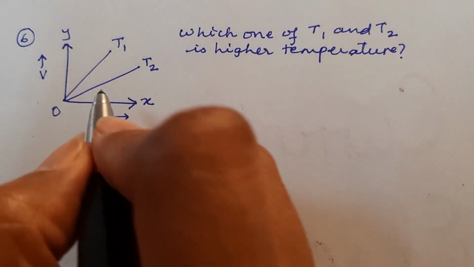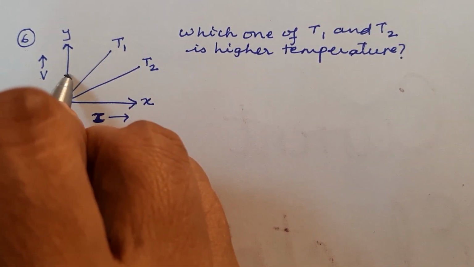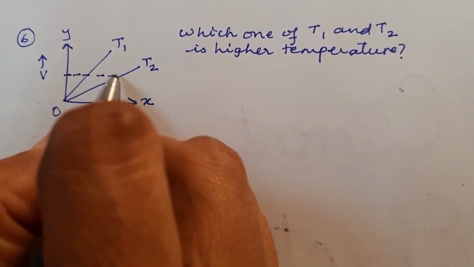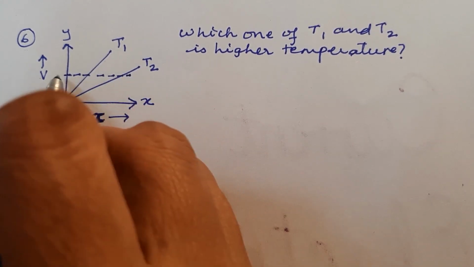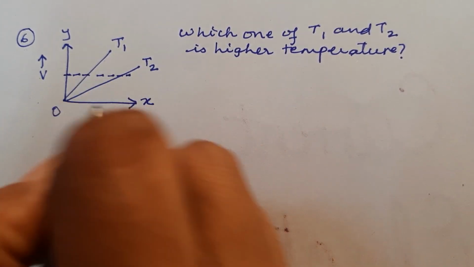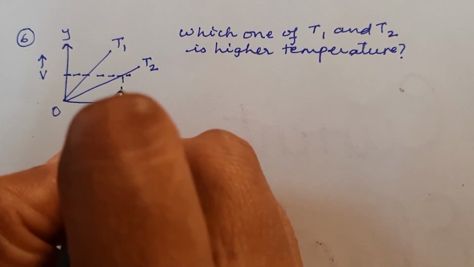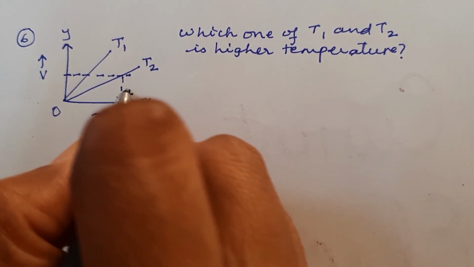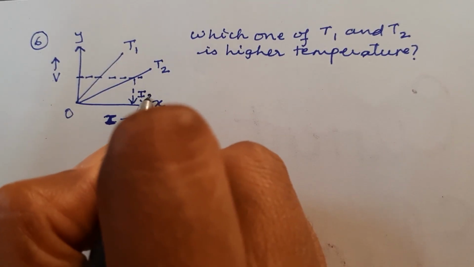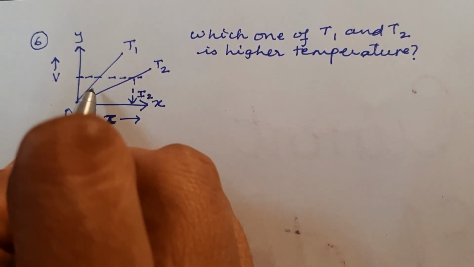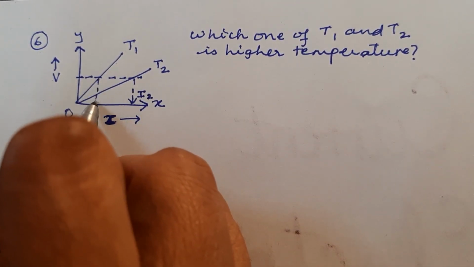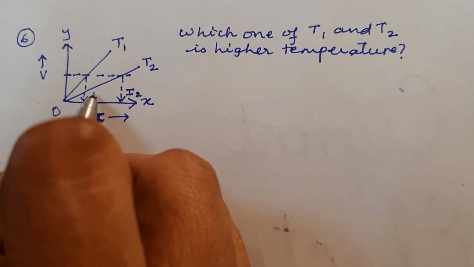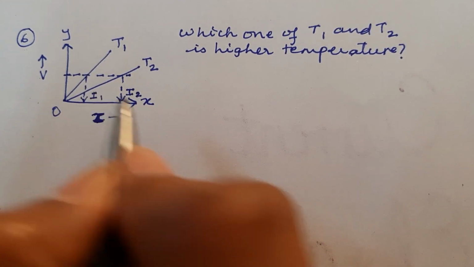Now for this, what we would do is just take a line drawn from the given PD parallel to x-axis, and we will drop the perpendicular and we'll call this current I2. And here where it cuts T1, here we will call this as current I1.